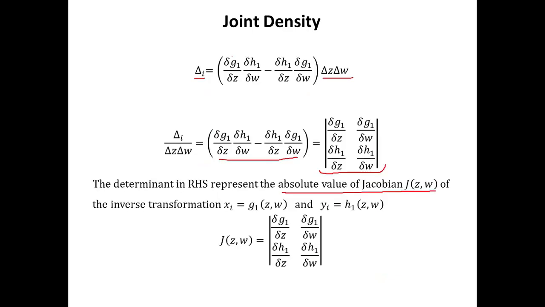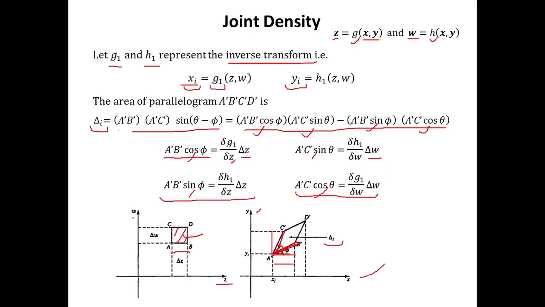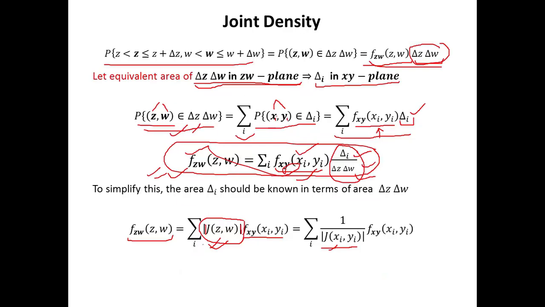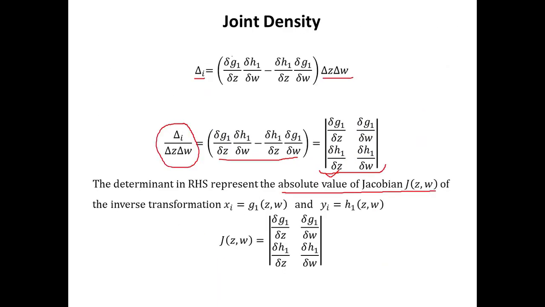This is actually this determinant value, and this determinant value is nothing but the ratio delta I by delta Z into delta W. This magnitude of Jacobian we have replaced in the place of delta I by delta Z into delta W.